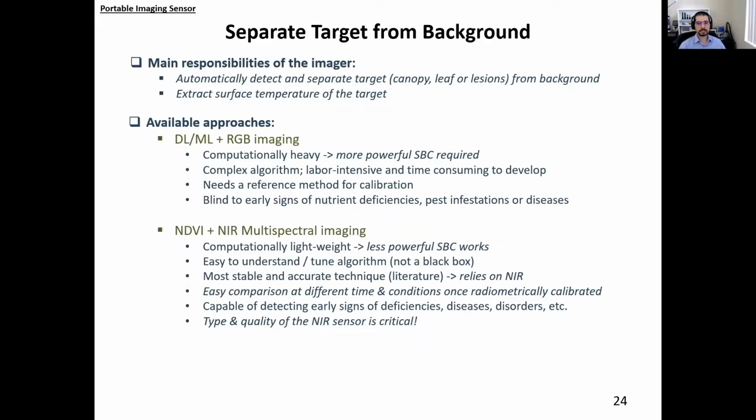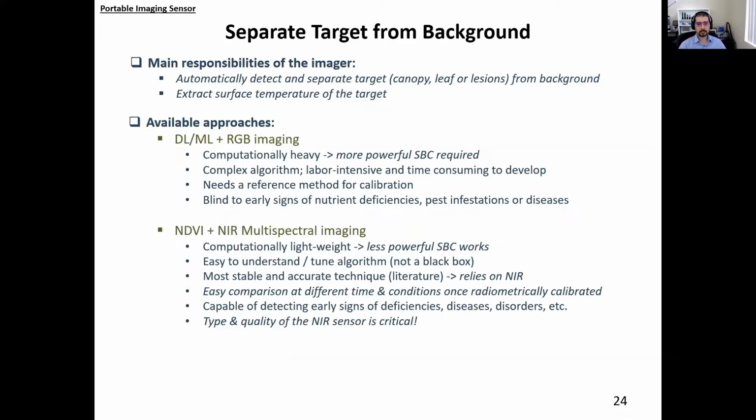It's going to limit us in terms of what single board computer we can use. The algorithms developed this way are complex. It's labor intensive and time consuming to develop, and it needs a reference method for calibration anyway. And this is probably the most important limitation: it's blind because it relies on RGB imaging. It's blind to early signs of nutrient deficiency, infestation, or diseases.